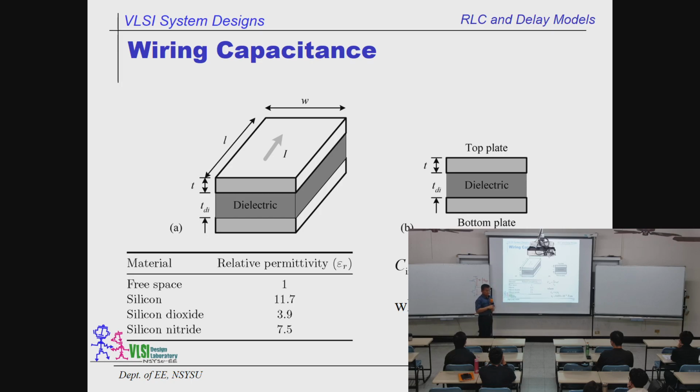Free space is not air, it's out there in the cosmos. Then after thousands of experiments and measurements, we found out silicon is 11.7. I always tell students to remember 12, it's easier. And the silicon dioxide, the one that we use on silicon, is 3.9. So I told my students to remember it's 4. It's easier. 12 and 4, 3 times.